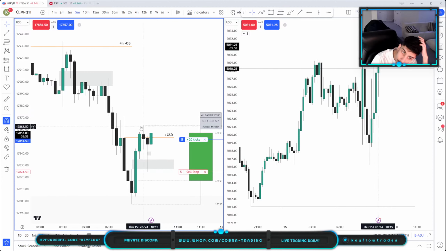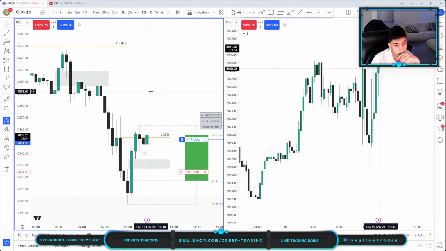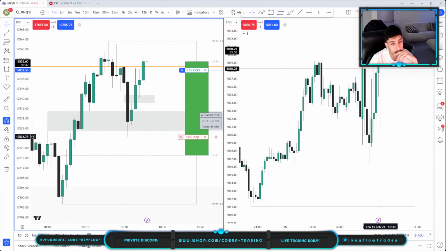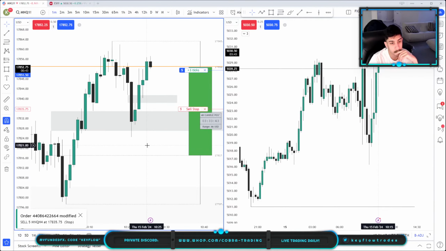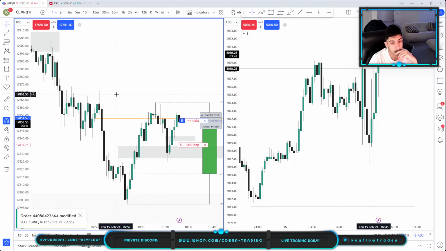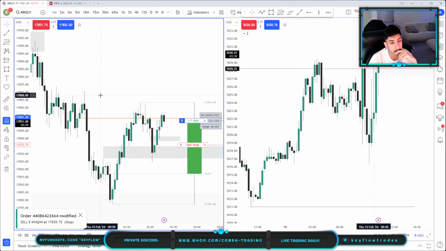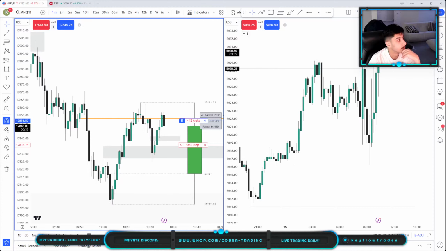I was going to take one off here, but because of the way this risk reward is now, I probably wouldn't anymore. Move this stop loss up to this fair value gap low. Again, I'd just rather be tight on a day like today.